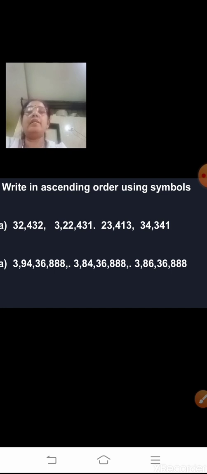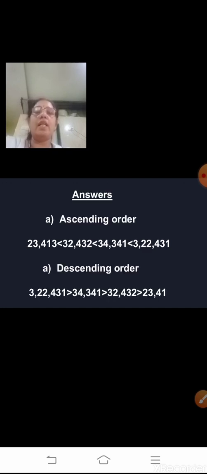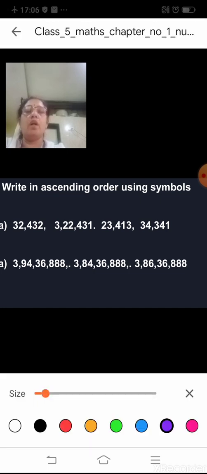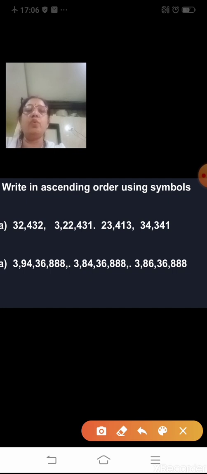Now the second sum is write in ascending order using symbols. We'll do this ascending order as well as descending order. Okay, we'll write the numbers in ascending as well as descending order. So the first number is 32,432.